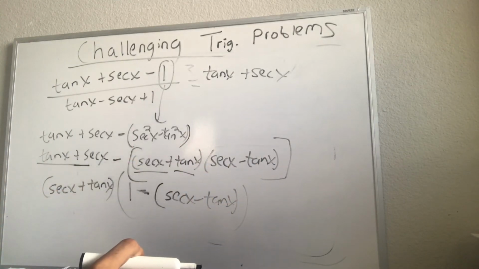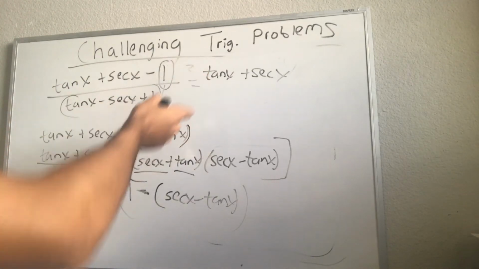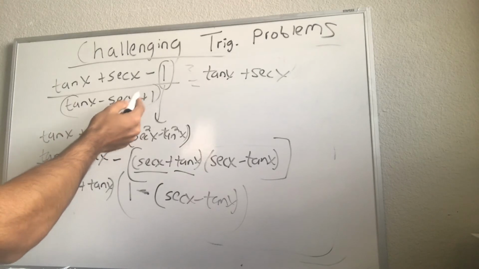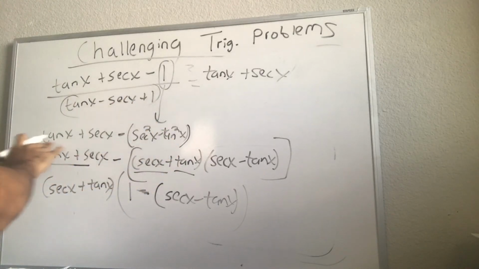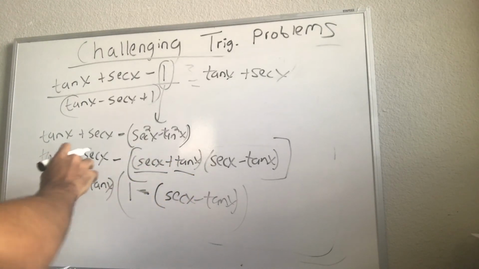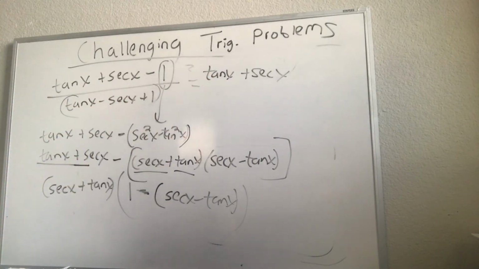I think what I've done is I forgot this denominator value on the bottom. So just assume that in each of the following steps, I have tangent of x minus secant of x plus 1 on the bottom here. So we really had it here, we have it here, and we have it here, and the same thing with this one, so we're just continuing this forward.